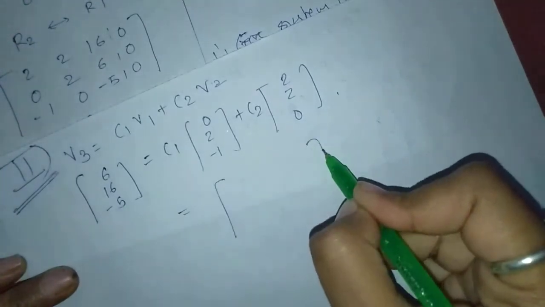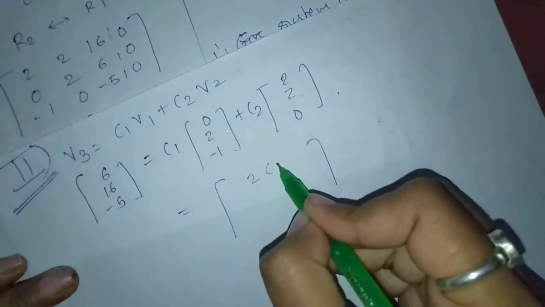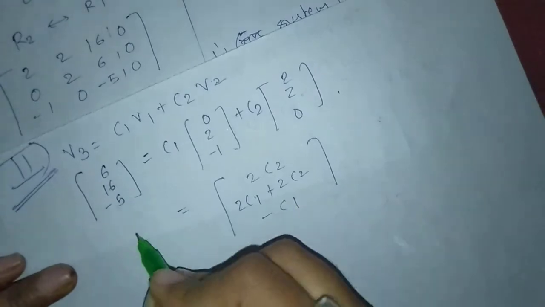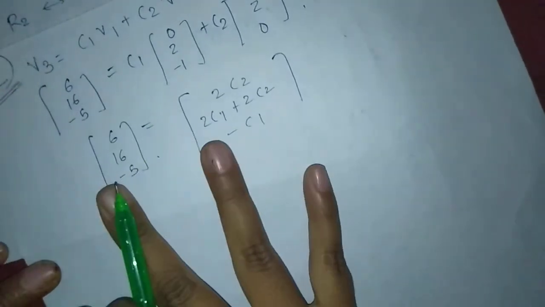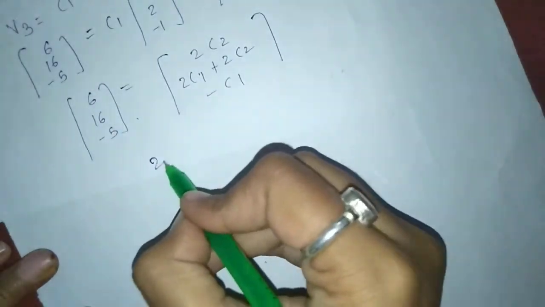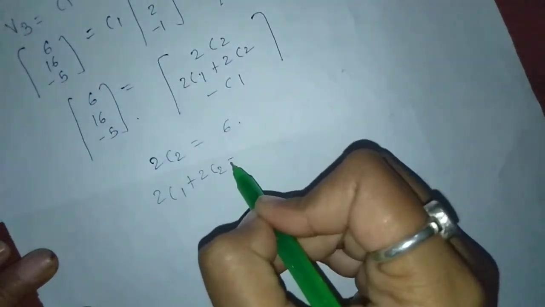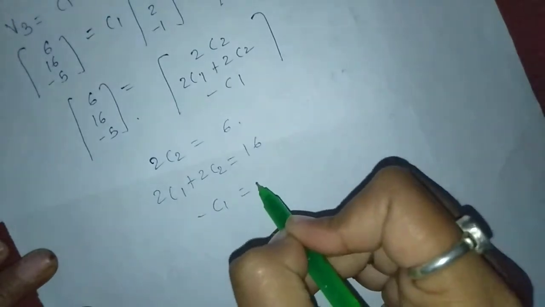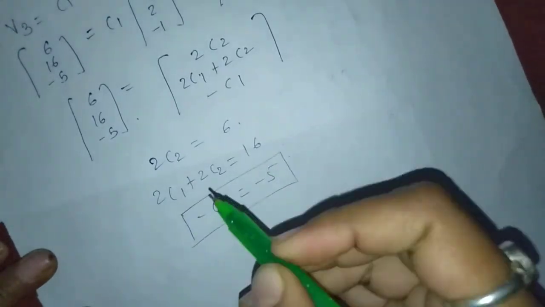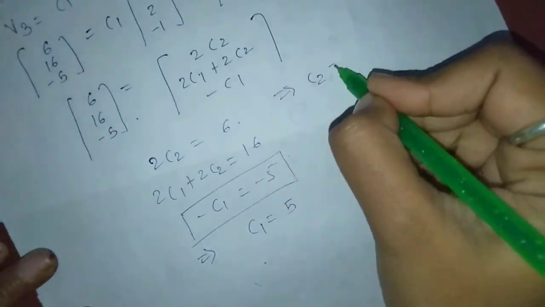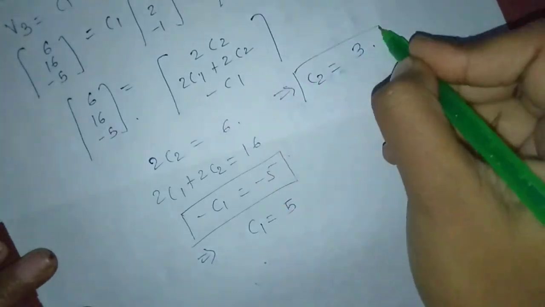Now we get 2c2 equal to 6, 2c1 plus 2c2 equal to 16, minus c1 equal to minus 5, which implies c1 equal to 5, c2 equal to 3.